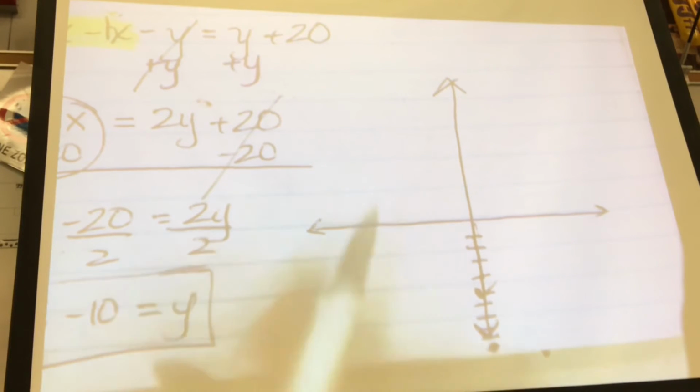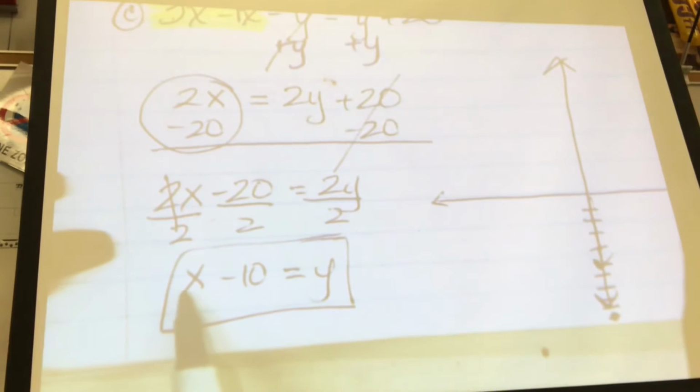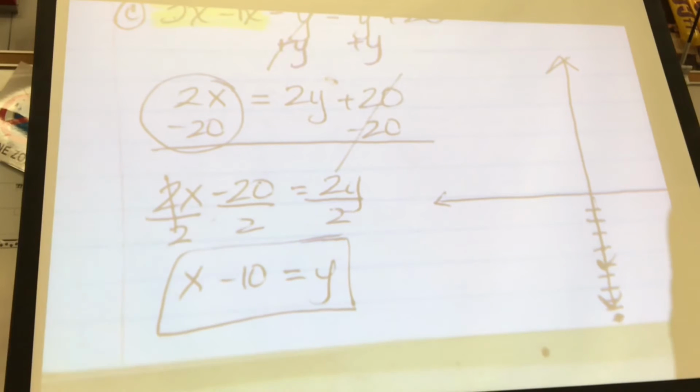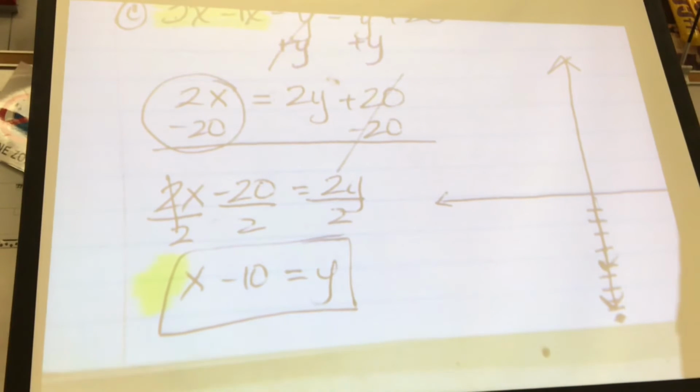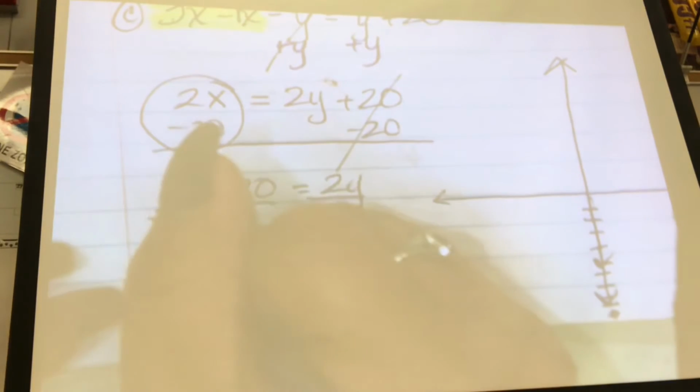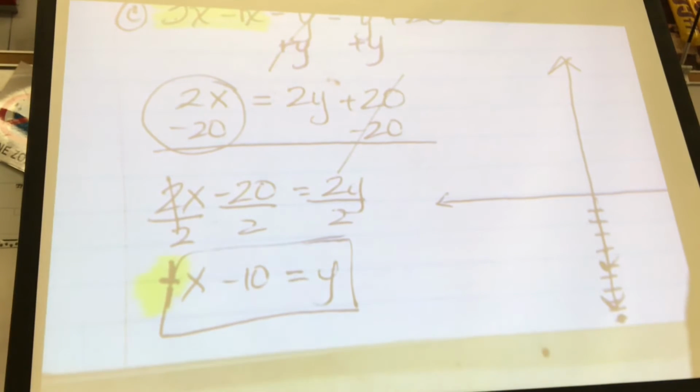Savannah, what's my navigation system say? You're going to go to negative 10. What's my navigation? What's the number that's right here? How many x's is that? It's just 1x, right? Which is 1 over 1. Okay, so what's my navigation?